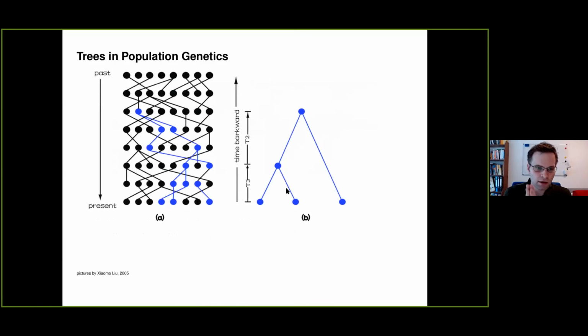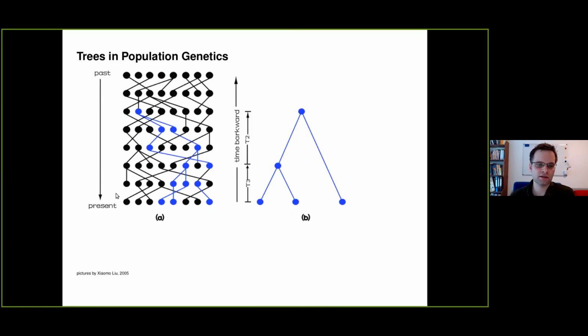So trees are very important in population genetics, just because if we look at the pattern we observe, which emerge by the reproduction of individuals, then it's natural that trees occur.